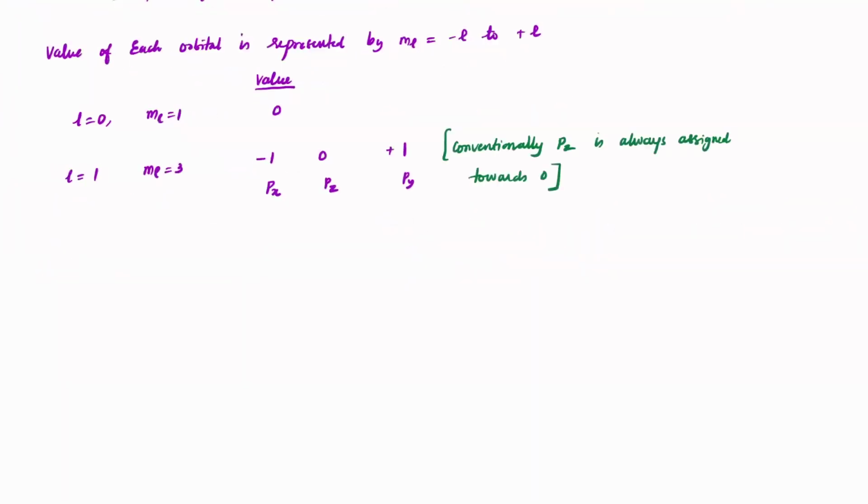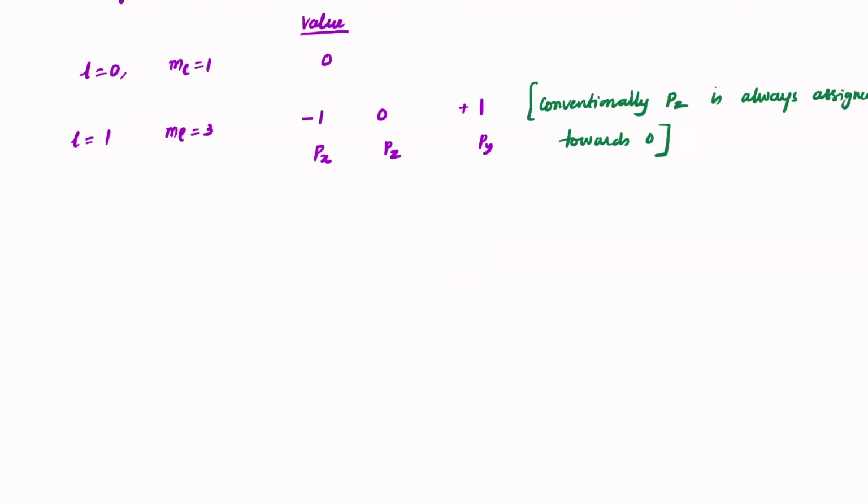So next, L is equal to 2, then ml values are 5. It starts from minus 2, minus 1, 0, plus 1, and plus 2. That is dx square minus y square, dxy, dyz, dxz, and dz square, which is always assigned towards 0.